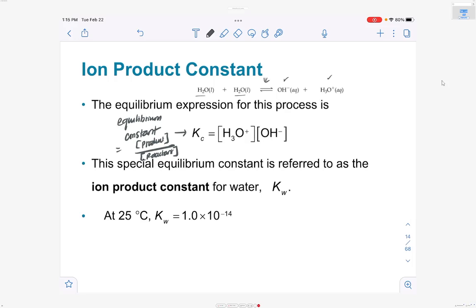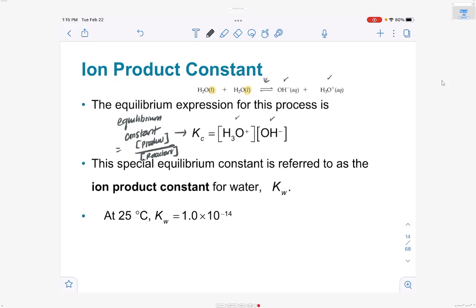However, the reactants are pure liquids. So you're not supposed to include pure liquids in the equilibrium expression. So pure water is going to be excluded from the equilibrium expression. So the Kc for this reaction is only going to be concentration of hydronium ion and concentration of hydroxide.